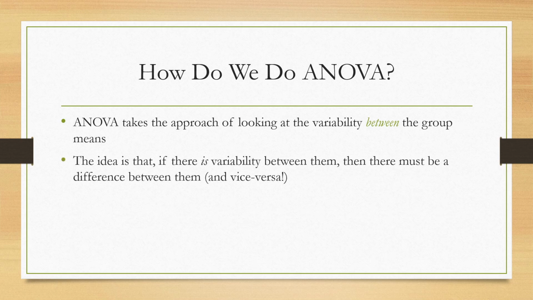The idea is that if there is variability between the group means, then there's differences, because if there's no variability, they're all the same. But if there is variability, then something must be different. So that's actually the cool contribution. That's the cool thing that ANOVA does.